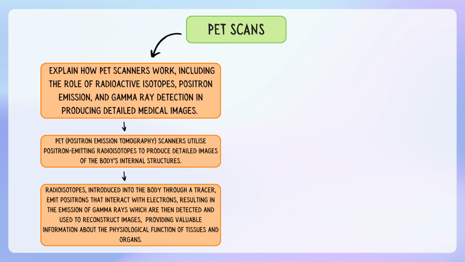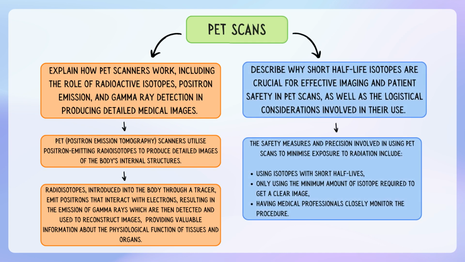We learned that radioisotopes, introduced into the body through a tracer, emit positrons that interact with electrons, resulting in the emission of gamma rays, which are then detected and used to reconstruct images, providing valuable information about the physiological function of tissues and organs. We also discussed the safety measures and precision involved in using PET scans to minimize exposure to radiation. By the end of the lesson, we appreciated how PET scanners combine principles of nuclear radiation to revolutionize diagnostic techniques in medicine.